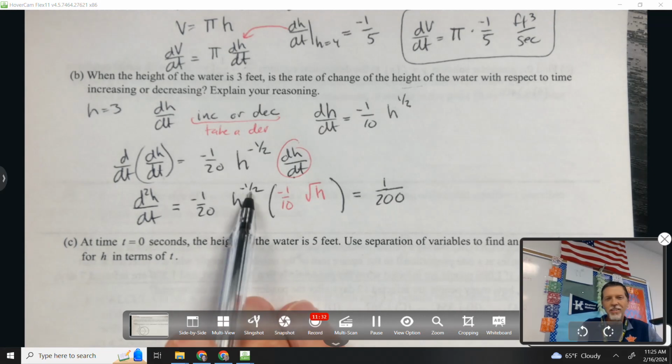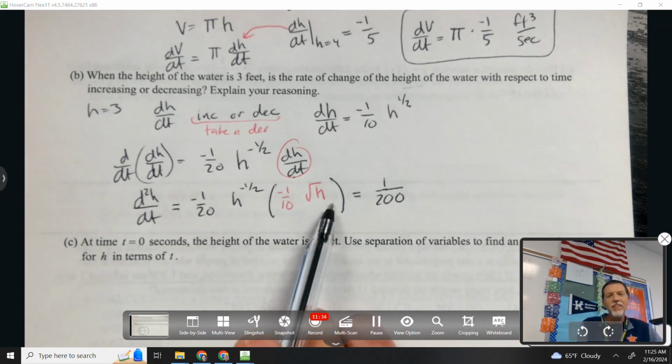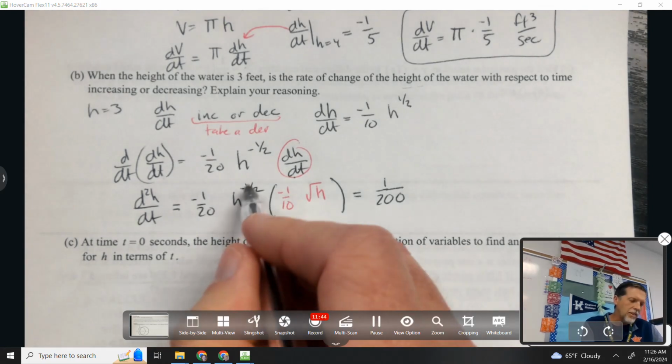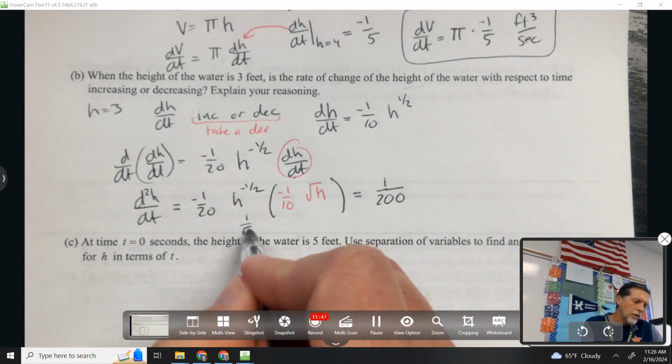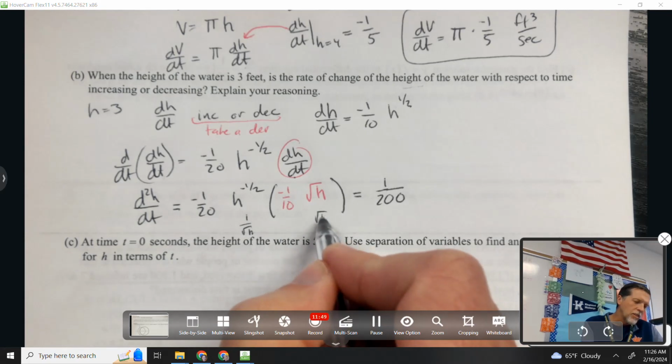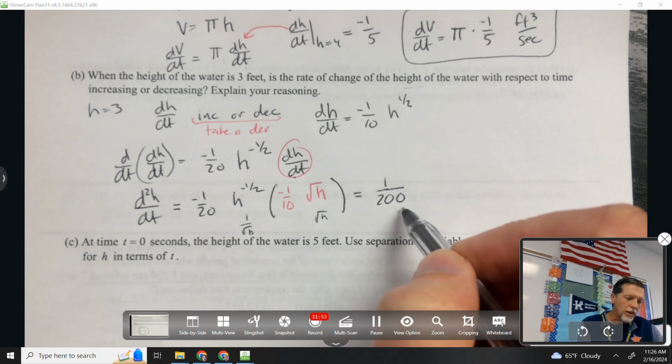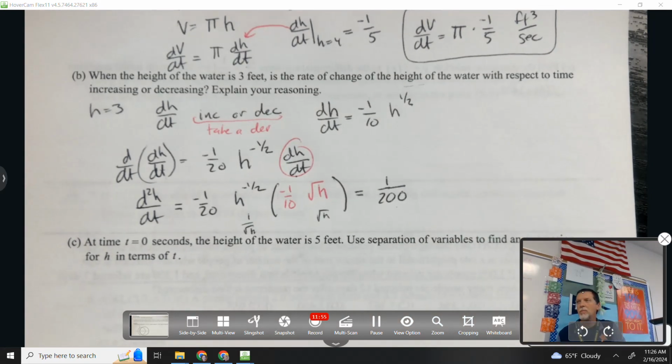What about h to the negative 1/2 times the square root of h? Does that cancel or does that make h? h to the negative 1/2 is 1 over the square root of h. That's just the square root of h, so they cancel. So the second derivative is 1 over 200, always. It doesn't depend on h.